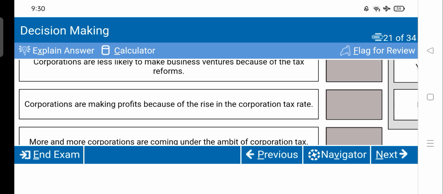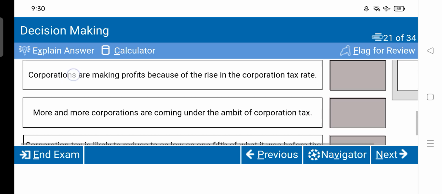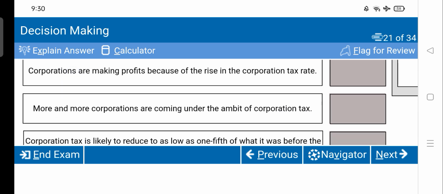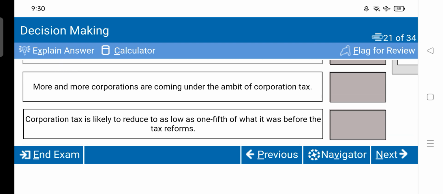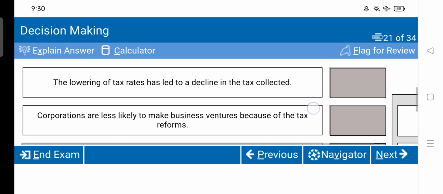Corporations are making profits because of the rise in corporation tax rate. More and more corporations are coming under the ambit of corporation tax. Corporation tax is likely to reduce to as low as one-fifth of what it was before the tax reforms.